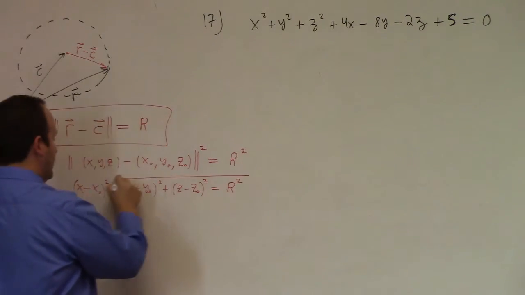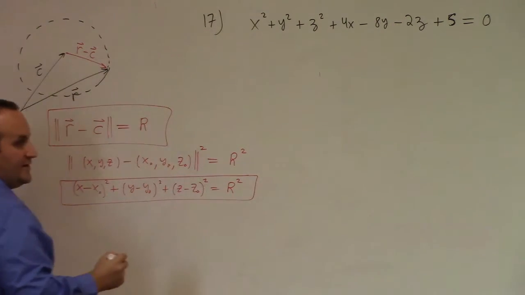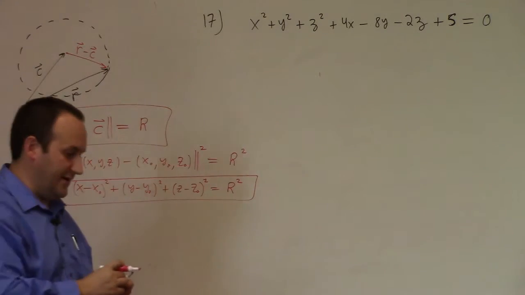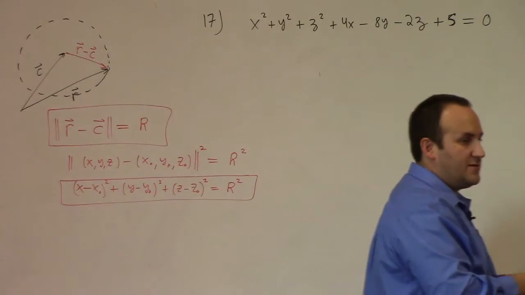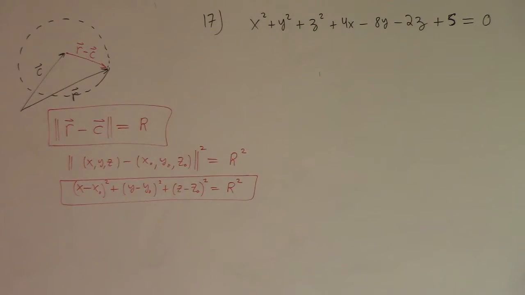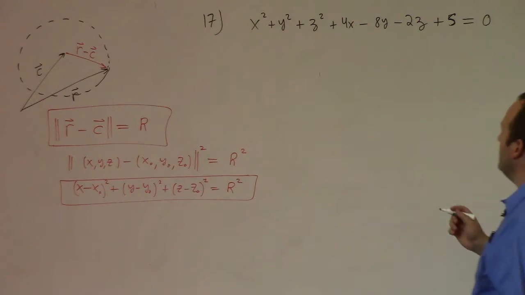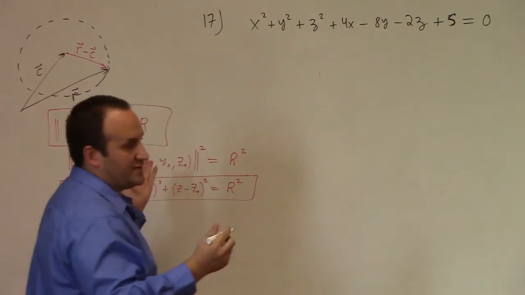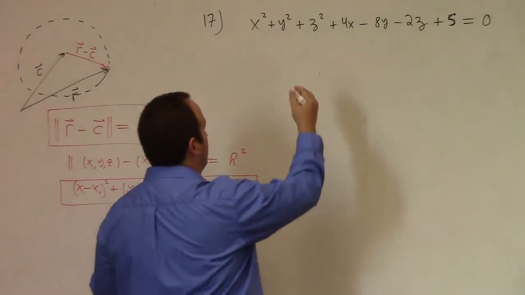There's the Cartesian equation of a sphere with center (x naught, y naught, z naught) and radius r. So just like a circle, just add one more thing. Of course, I could have jumped straight to that from the distance formula discussion we had before. But what we have to do is complete the square, that's all. It's just a completing the square question.